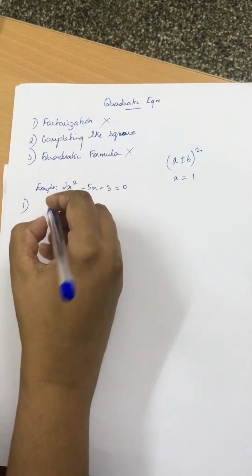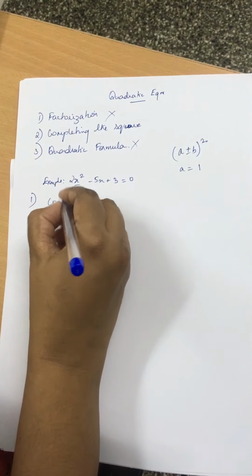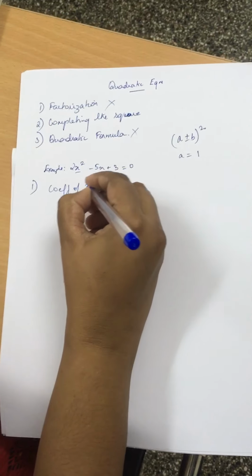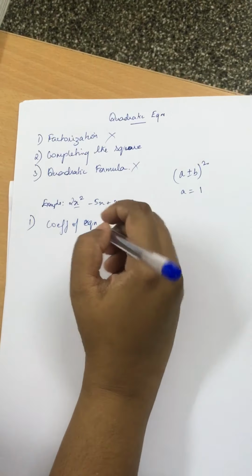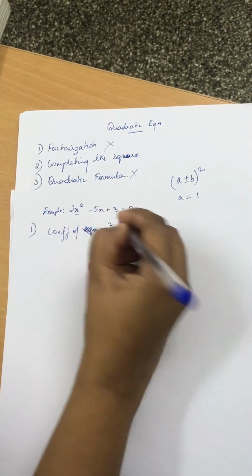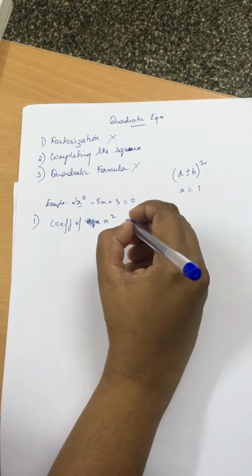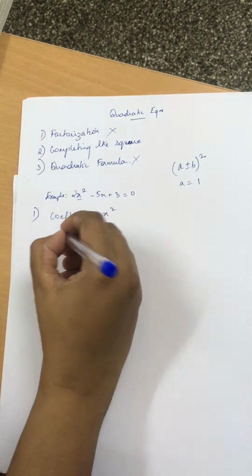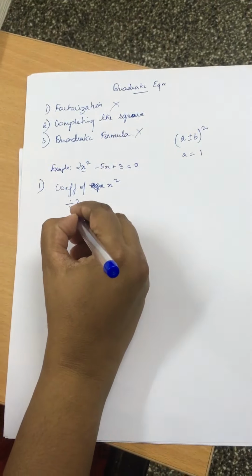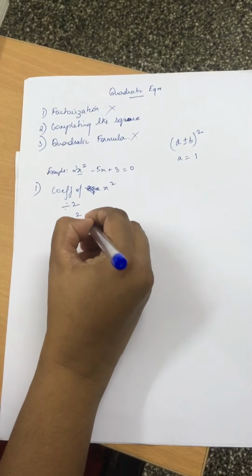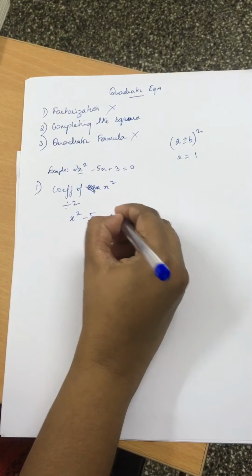So to do that, let's just divide the equation by the coefficient of x square, which is 2 in this case.